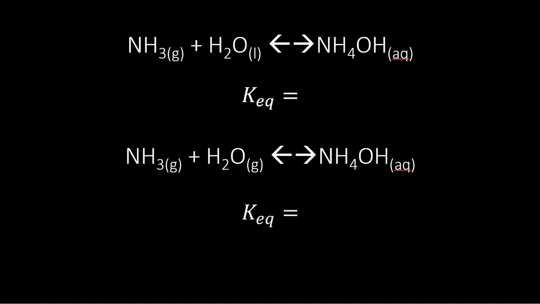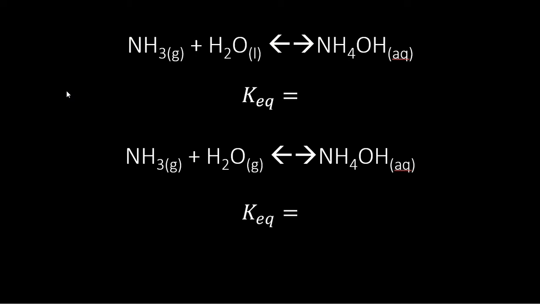Now then, just some examples of writing equilibrium expressions. If you're asked to write the expression for the equilibrium constant of a given reaction, here's how you do it. Well, we need to take into account product concentrations in the numerator, reactant concentrations in the denominator.